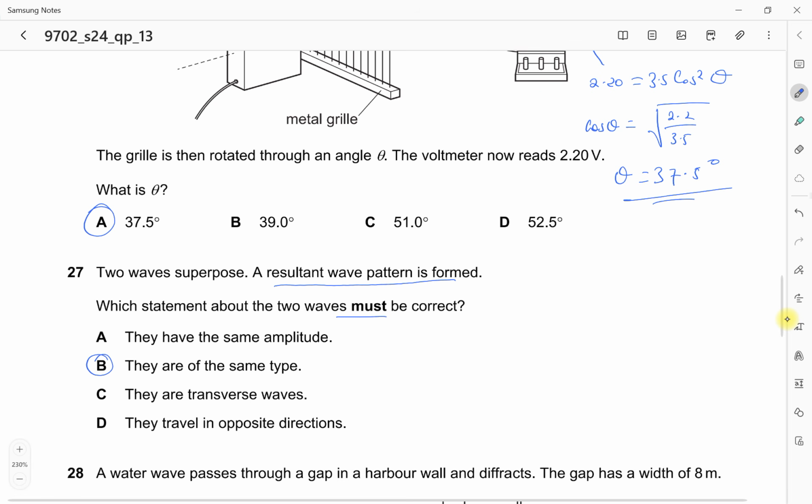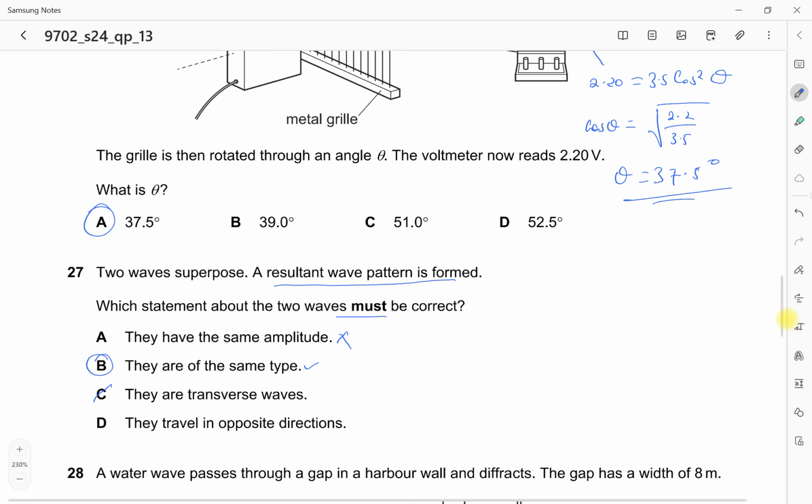They have the same amplitude? Even if they have the same amplitude but they are not of the same type, we cannot see wave patterns. But if they have the same type, they have the same frequency, wavelength, and speed, but they're just moving maybe in opposite directions or in the same direction, then they are going to form what we call wave patterns.